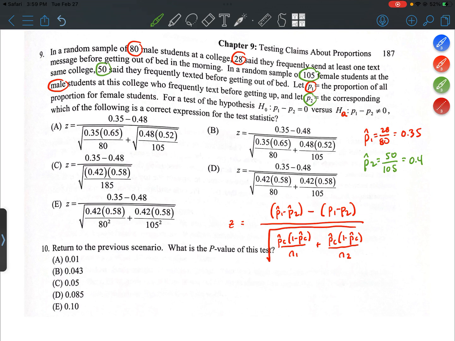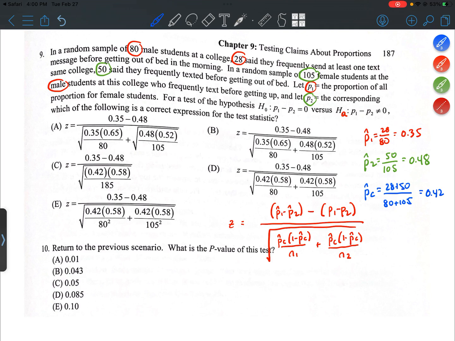No, 0.476. I'm looking at the answer choices and it looks like they rounded that, so I'll round it to 0.48. And then the combined proportion is going to be 28 plus 50 out of 80 plus 105, which is 78 out of 185, about 42%, 0.42.